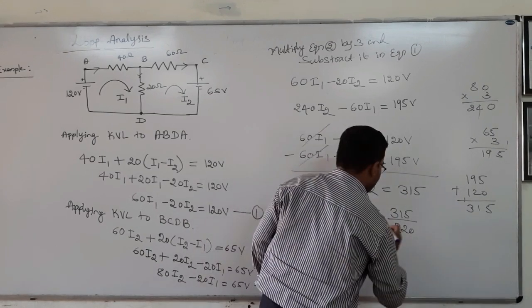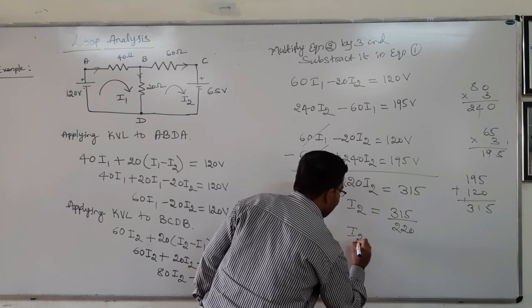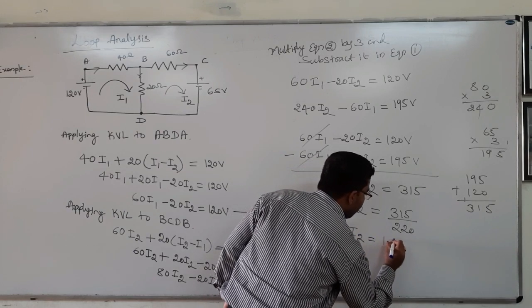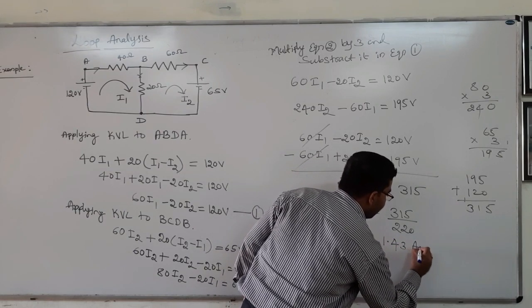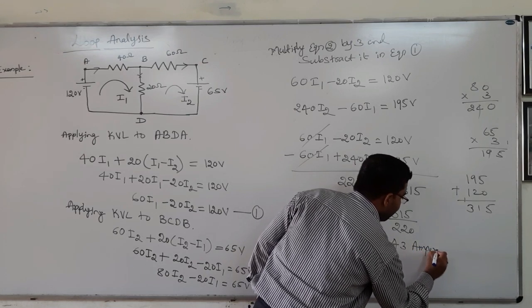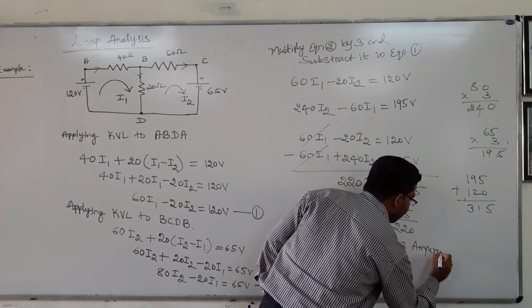So after simplification, I will get the value I2 as 1.43 amperes, because current is measured in amperes.